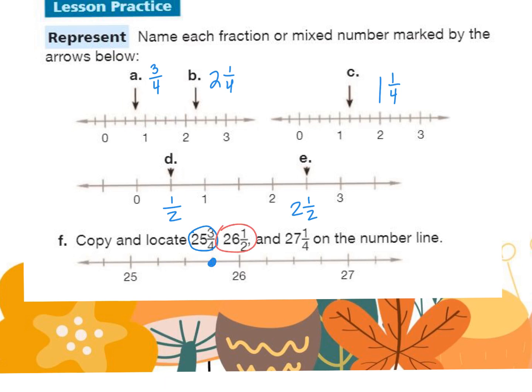Okay, I'm going to do 26 1/2 in red. Lena. It's right in the middle. Of where? Of 26 and 27. Very good. And then the last one is 27 1/4. Elijah. It's just the very last one. Perfect.